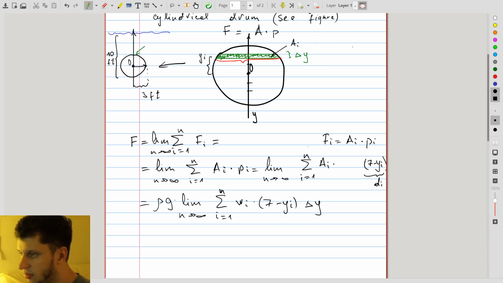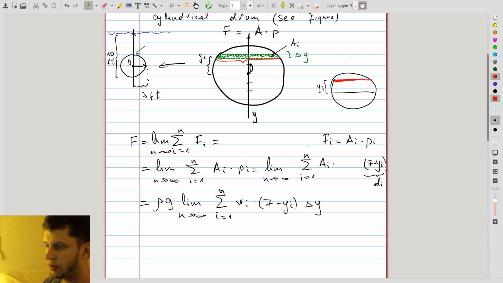Again, I think about this as a circular shape. Right? So I want to determine what is the width that corresponds to distance yi. Right? So what is the length here? If I step away from the diameter, so I have the diameter here, right?